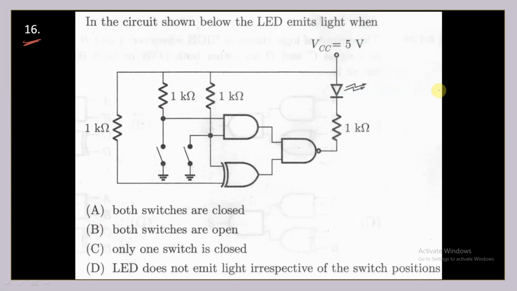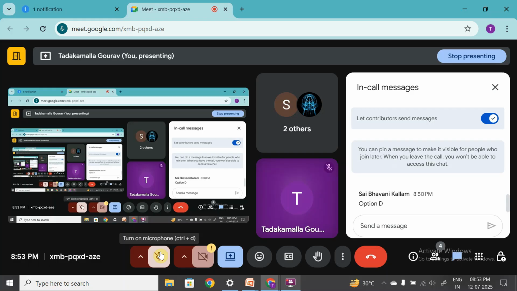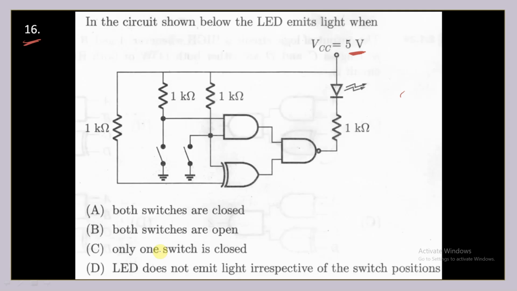So here we have a diode. On the diode, on the positive terminal we are having high voltage and this is negative voltage. Try on your own and please let me know. Option D. Okay, so let's see how we are getting option D here. The positive terminal of your diode is 5, and your LED should glow, so that means here it should be 0.